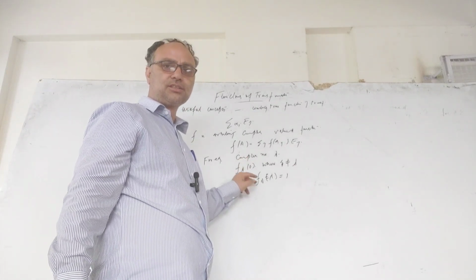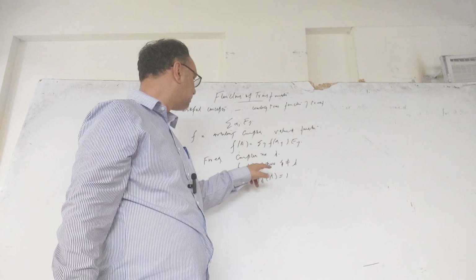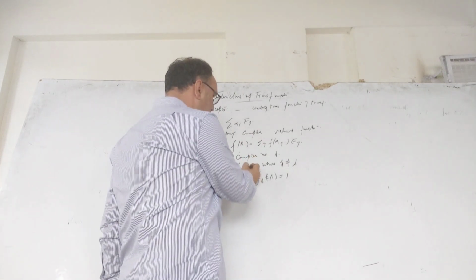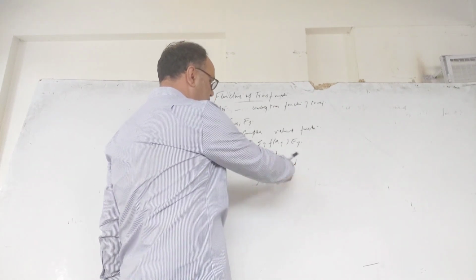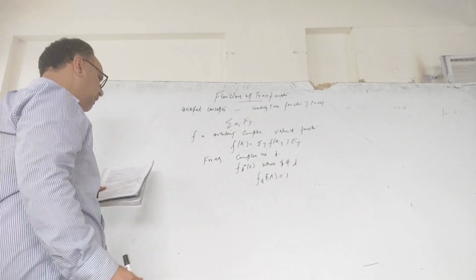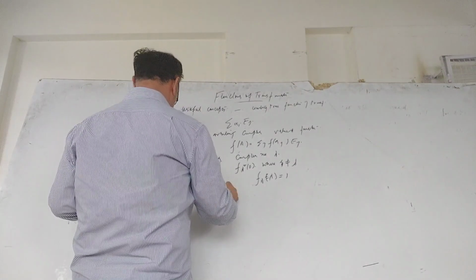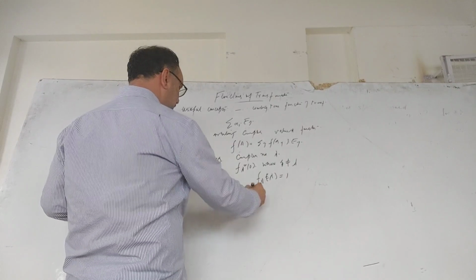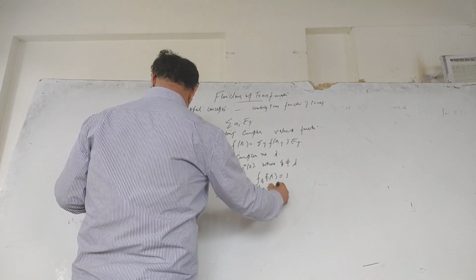We have two cases. Either the value is 0, it's not equal to lambda, or it can be 1. And f of A can be a perpendicular projection on the subspace of solutions with Ax equal to lambda x.